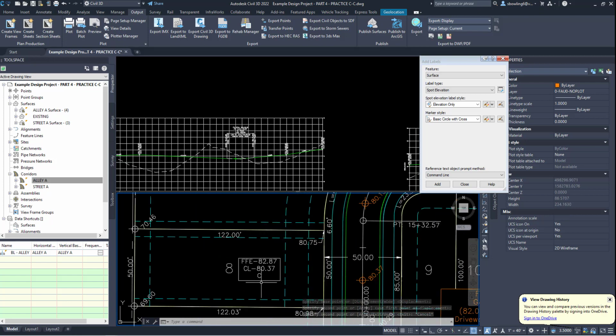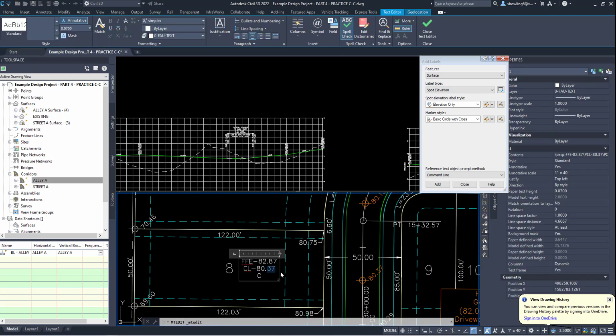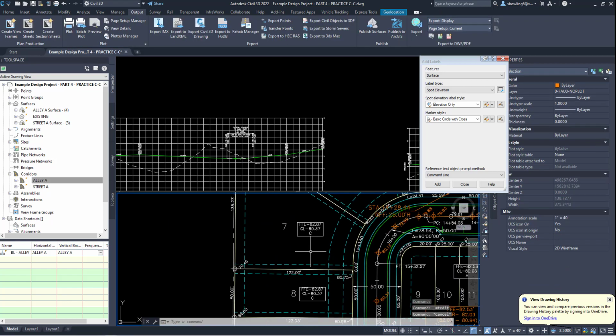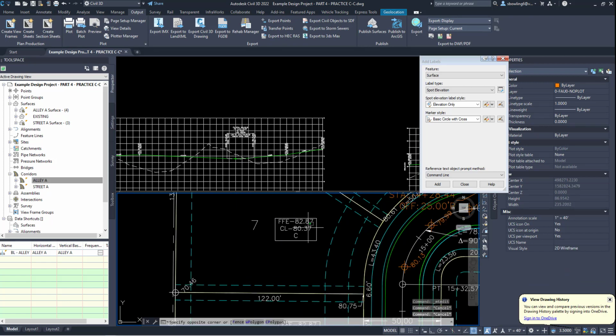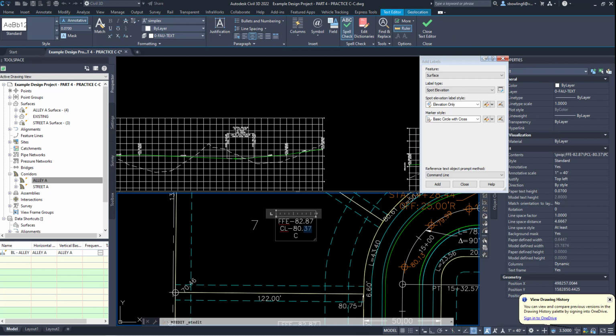Okay, so this would be 83.13. Sorry, looked at the wrong one. This was 80.13. So this would be 82.63.